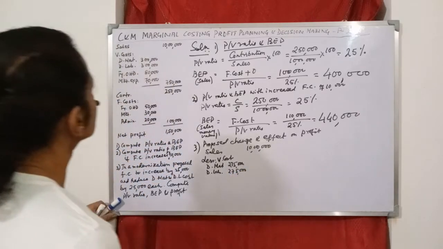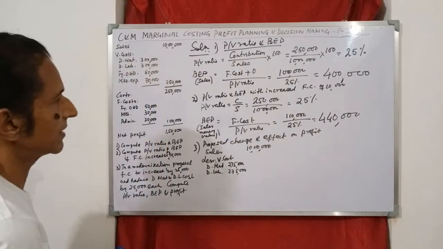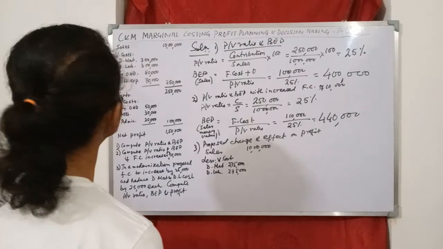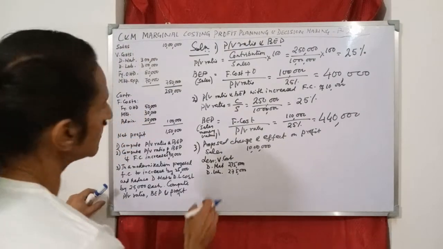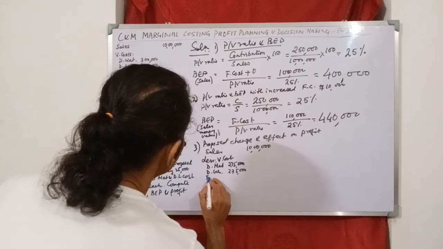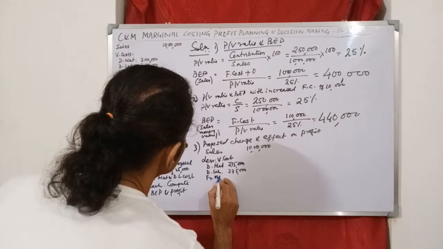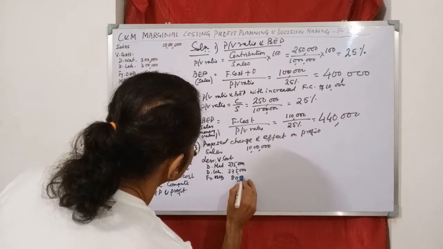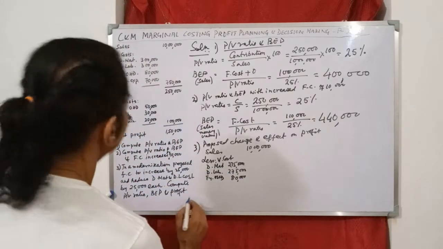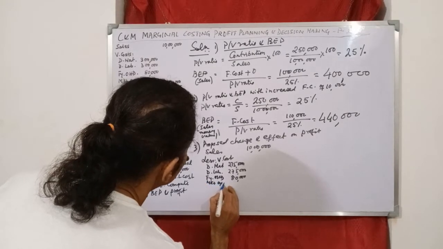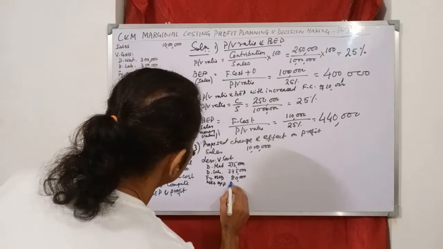Currently it is 3 lakh, and by implementing the new proposal, it will reduce by 25,000, so it will become 2,75,000. Variable factory overhead will remain same. How much? 80,000. And variable marketing expenses will remain same at 70,000.